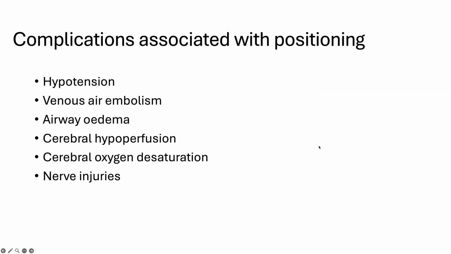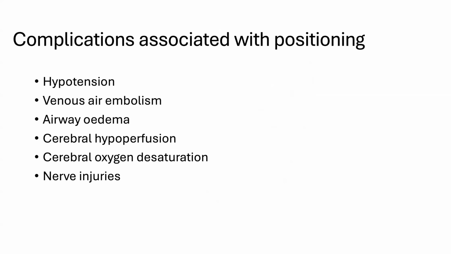So this position is associated with complications because it causes physiological changes, especially under anesthesia. One of the things that happens is hypotension, and the hypotension is due to vasodilation, which is induced by the anesthetic. So blood tends to pool in the lower limbs. That then leads to a decrease in preload.